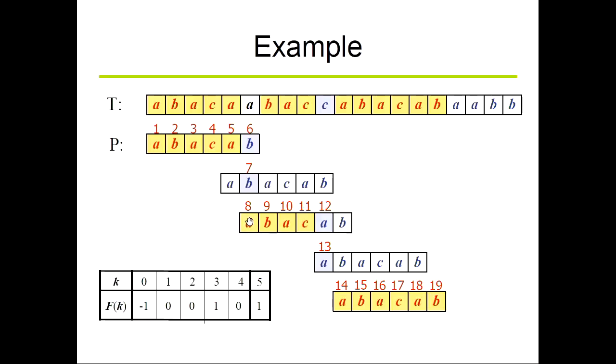I shift by one and compare again. A, B, A, C, A. In this case, is there any common suffix and prefix here? No. You are lucky. You win, because you can shift with no reservation.